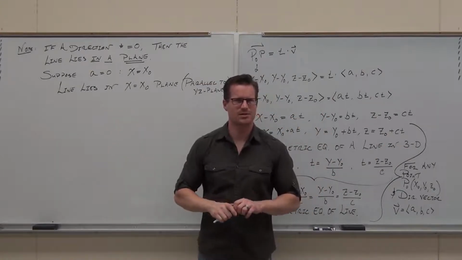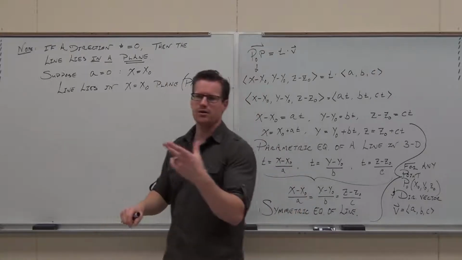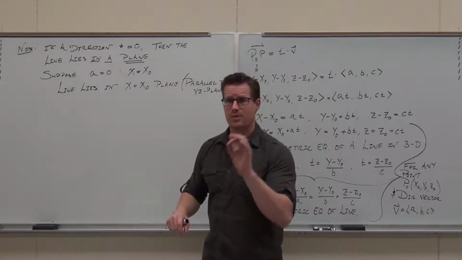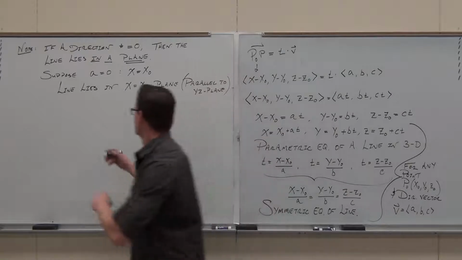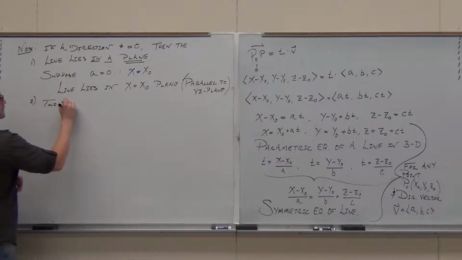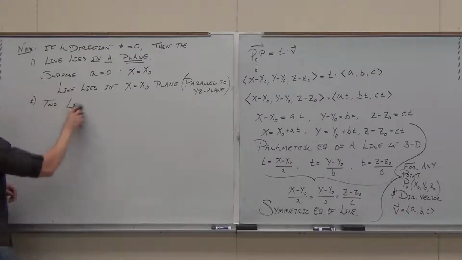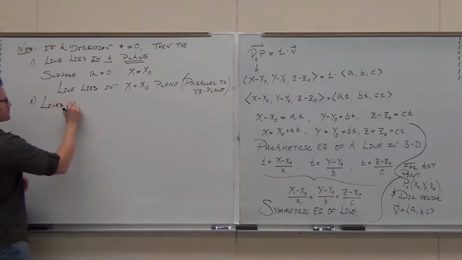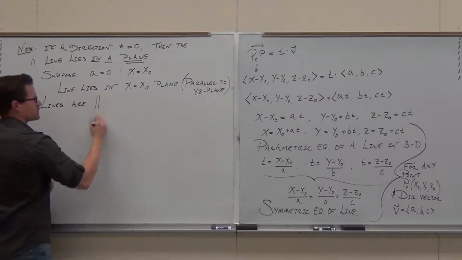Does that make sense to you? That's how we always check. So two lines are parallel if their direction vectors are parallel.